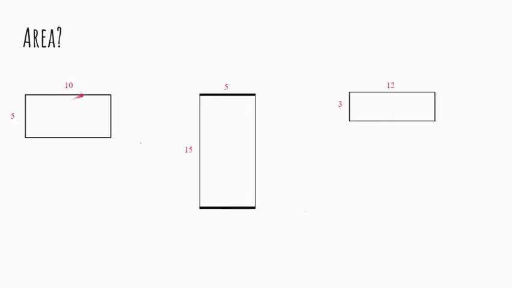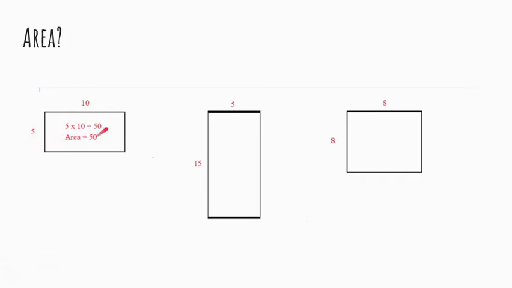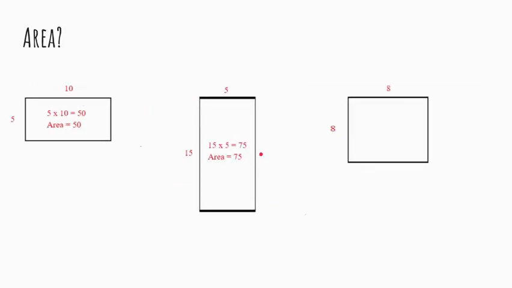So we would do 5 times 10, which is 50, and so the area would be equal to 50. Here we have 15 and 5. Same thing, since it's a rectangle, we're going to do 15 times 5, which is 75. So the area is equal to 75.